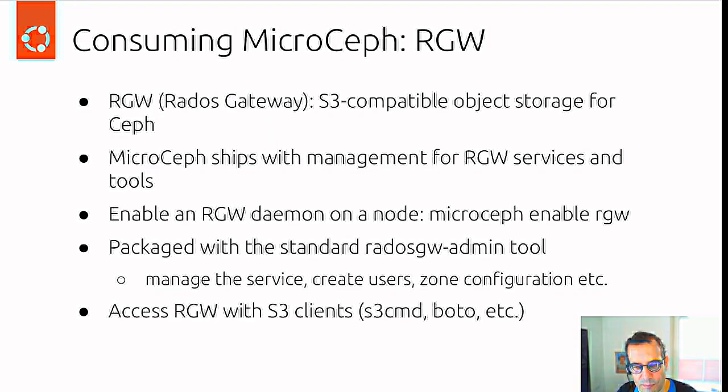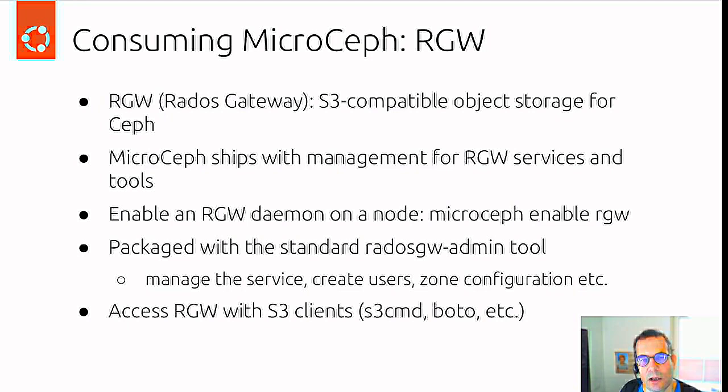How would you consume storage from MicroCeph? Already noted that we have three types of storage here: block devices, file systems, and object storage. Firstly, I'm going to talk a little bit about object storage. With the Rados gateway, we have an S3 compatible object storage, and we ship management and tooling for that RGW service in MicroCeph.